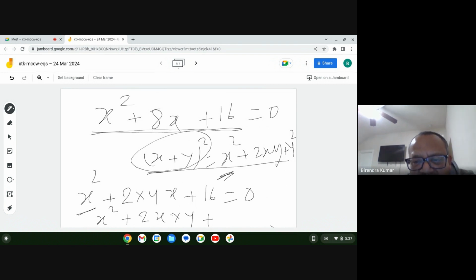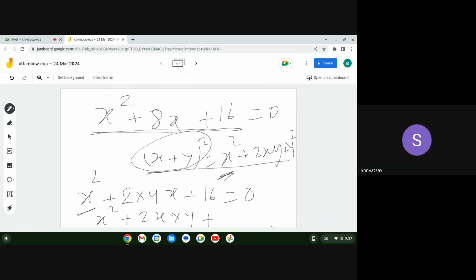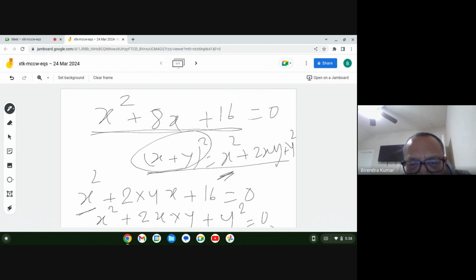Is 16 a square of something? Yeah, 4 square. Now does it look like my (x plus y) whole square, where x is x, and instead of y, 2xy is 4x, and this is y square, 4 square? Yeah, this looks like the (x plus y) whole square form, right?